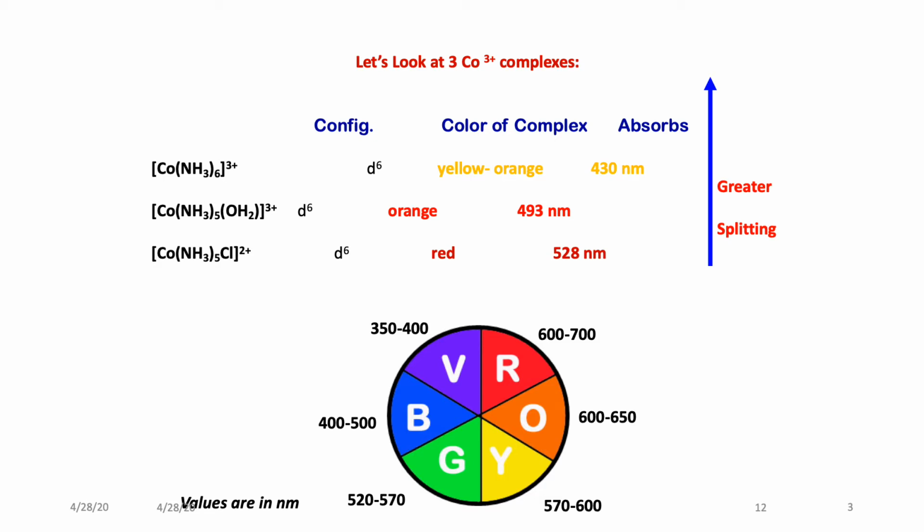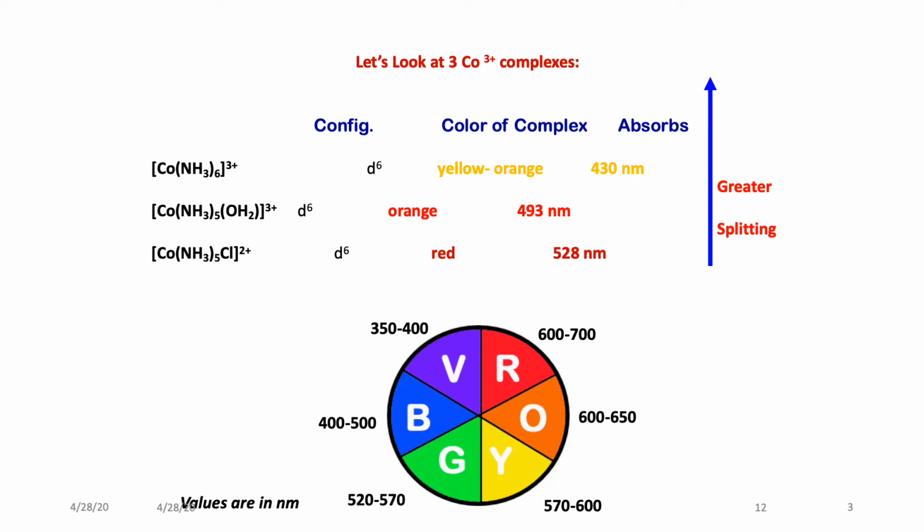Now when you change one of the ammonias to H2O, the color starts changing to red, which means delta is getting smaller, and the absorbance in lambda gets higher, shifts from 430 to 493. Then when you change to pi donor ligand Cl minus, it goes to a complete reddish complex, and the absorbance at 528.